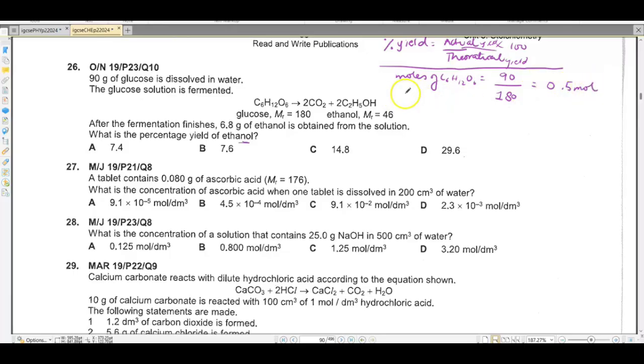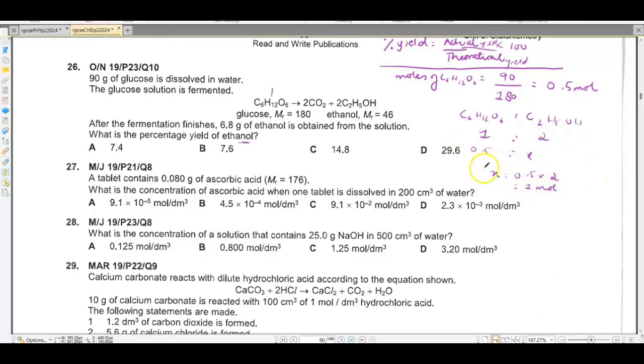Now we have the moles of glucose, so we are going to find the moles of ethanol according to the reaction. C6H12O6 and here we have C2H5OH. So 1 mole of glucose and 2 of ethanol, and 0.5 moles and X. So X is equal to 0.5 into 2, which is going to give us the moles of ethanol to be 1.